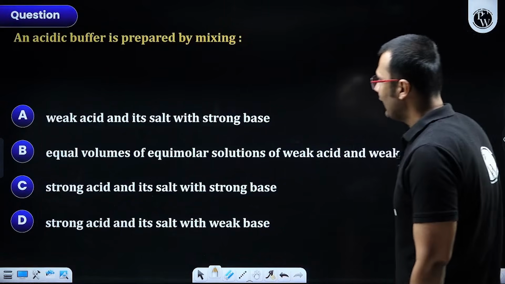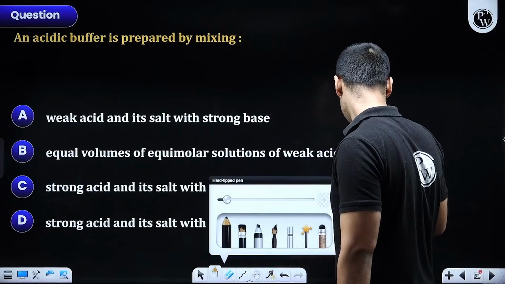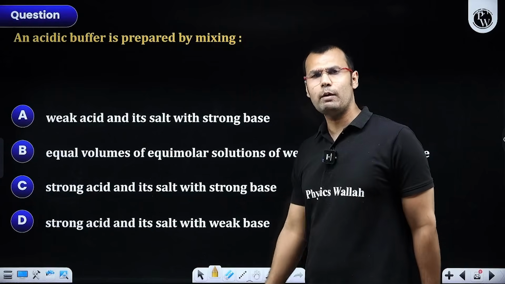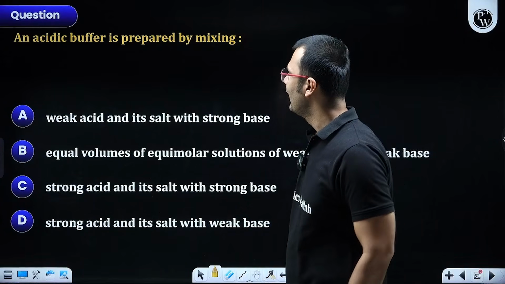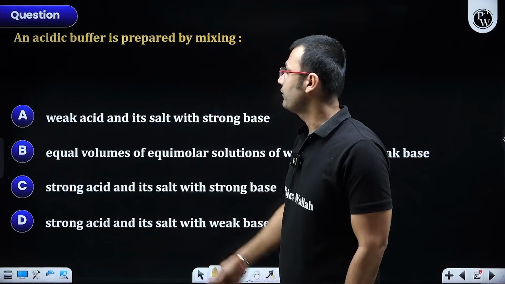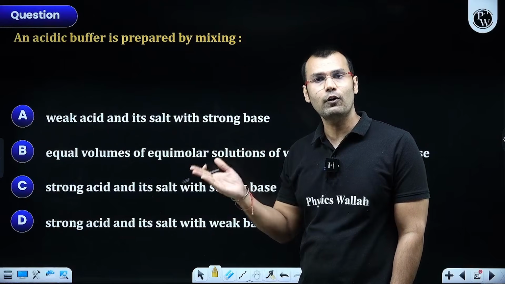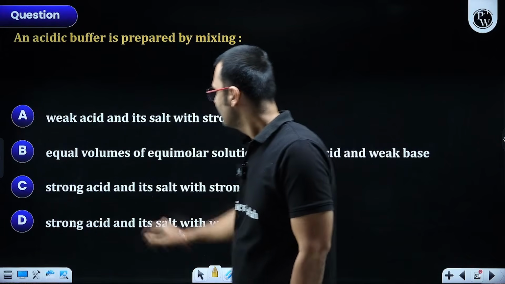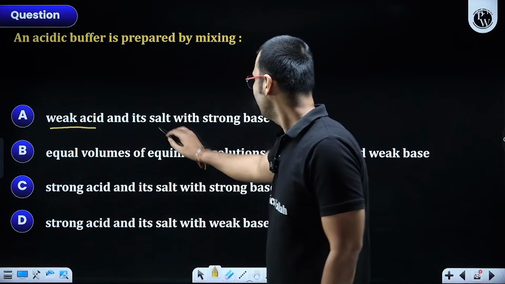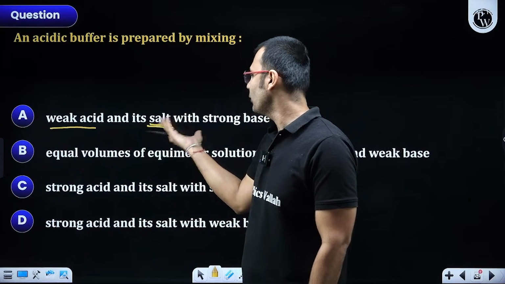Now, can you do this question? A logical one, but if you have an understanding of buffer solution, you can solve it. Question is, an acidic buffer is prepared by... how do we prepare an acidic buffer? Weak acid plus its conjugate base or salt, right? From the salt you get the conjugate base.